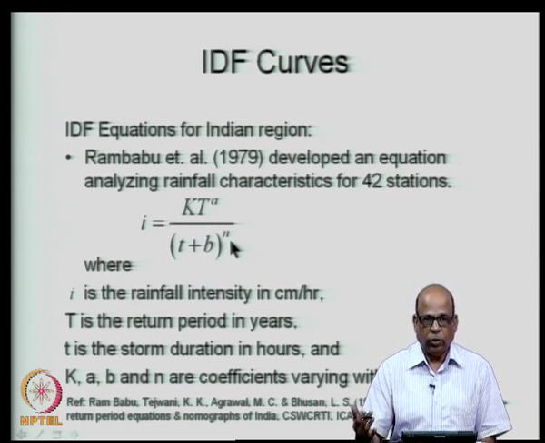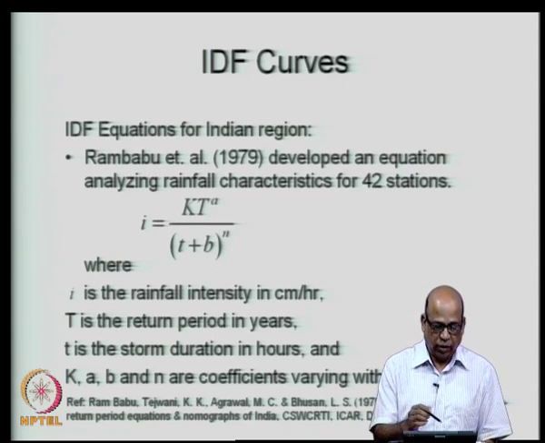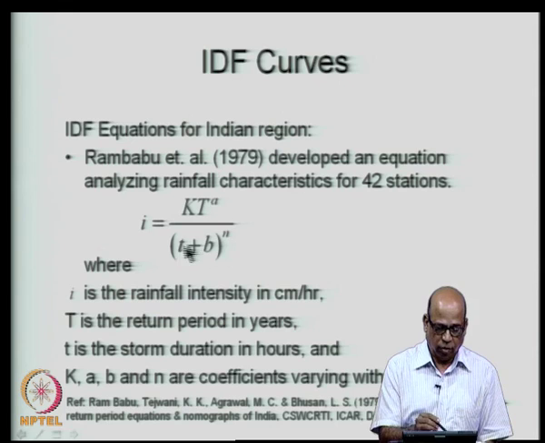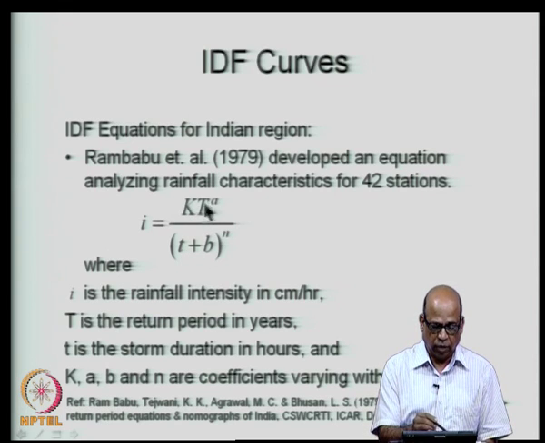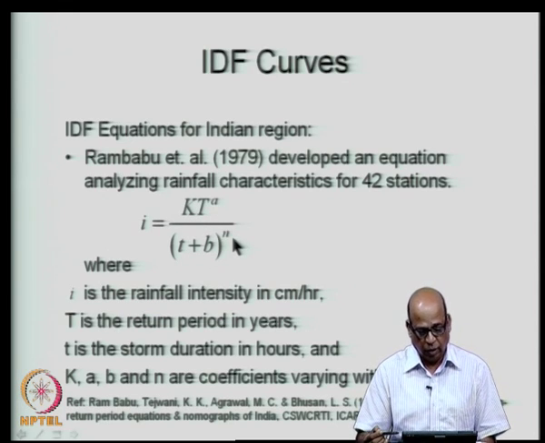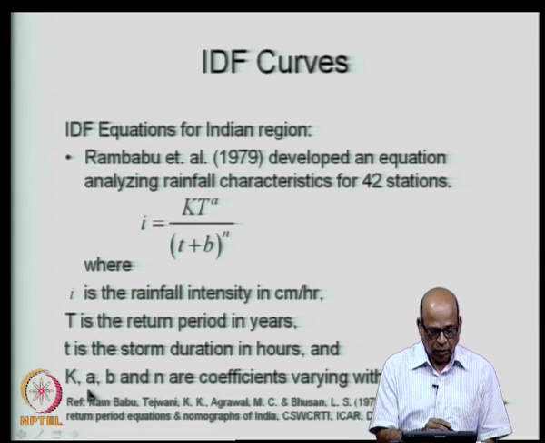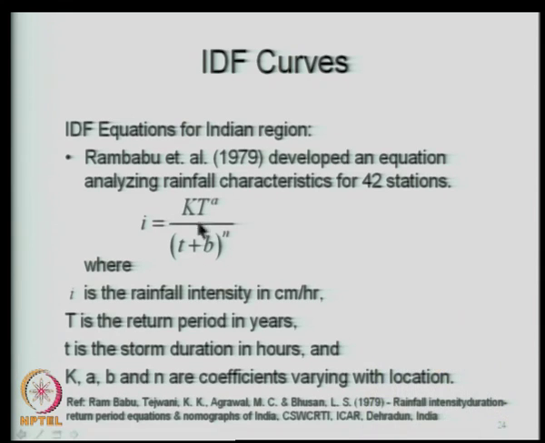Now, they studied 42 different stations spread all across the country and then provided the constant values k, a, b and n. So, k, a, b and n are coefficients varying with location and T is the return period and I is the rainfall intensity. In this particular expression, the intensity is in centimeters per hour, not in millimeters per hour, it is an empirical relationship.